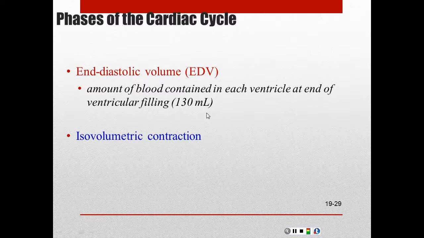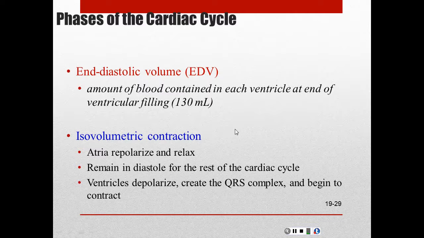So let's move on to the second phase of this cardiac cycle. We have isovolumetric contraction. The atria repolarize, relax, and then remain in diastole for the rest of the cardiac cycle. The ventricles will then depolarize and generate the QRS complex and begin to contract, and pressure rises sharply.